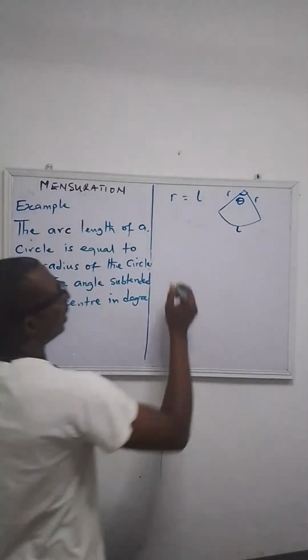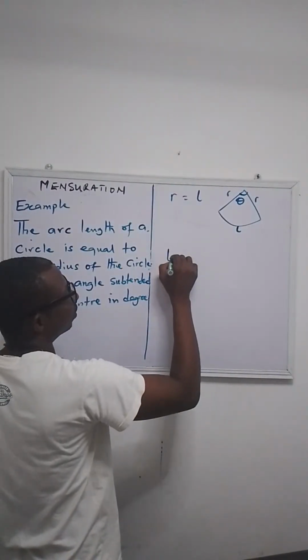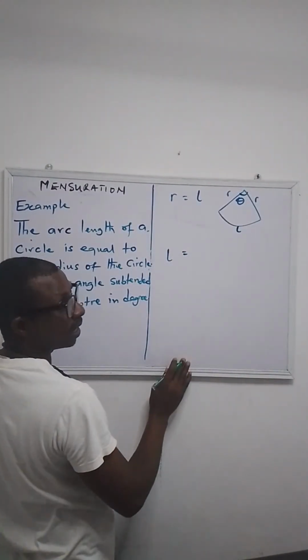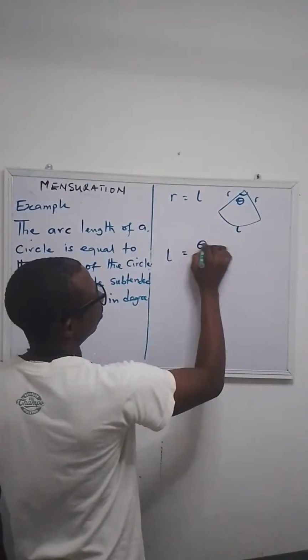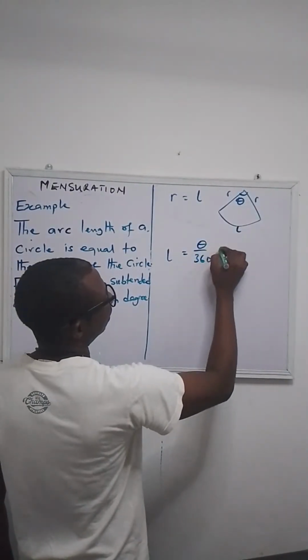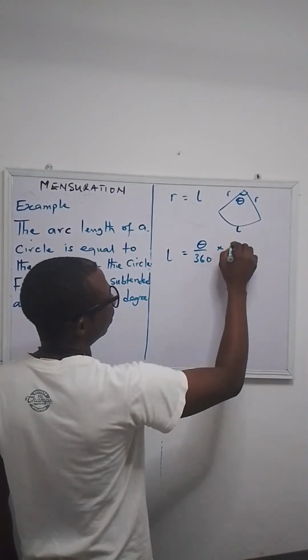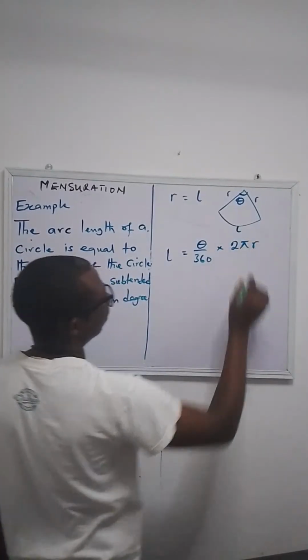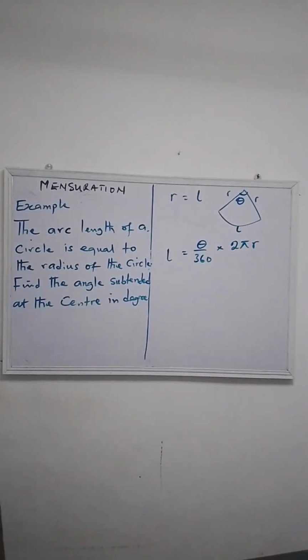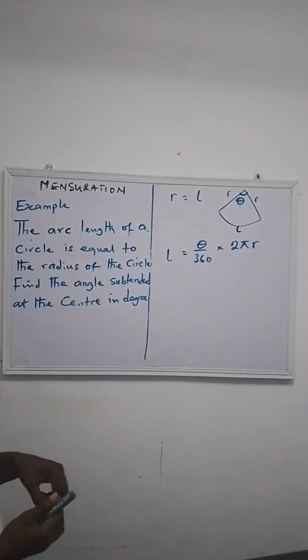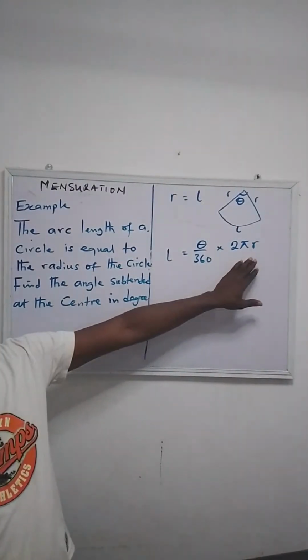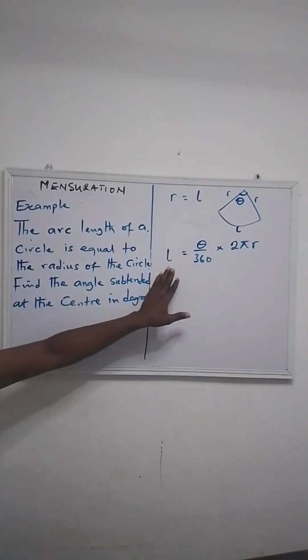So now let us write out the formula for length of an arc. That is theta over 360 times the circumference of the circle, that is 2 pi r. Now the radius is also the same thing as the length of arc.